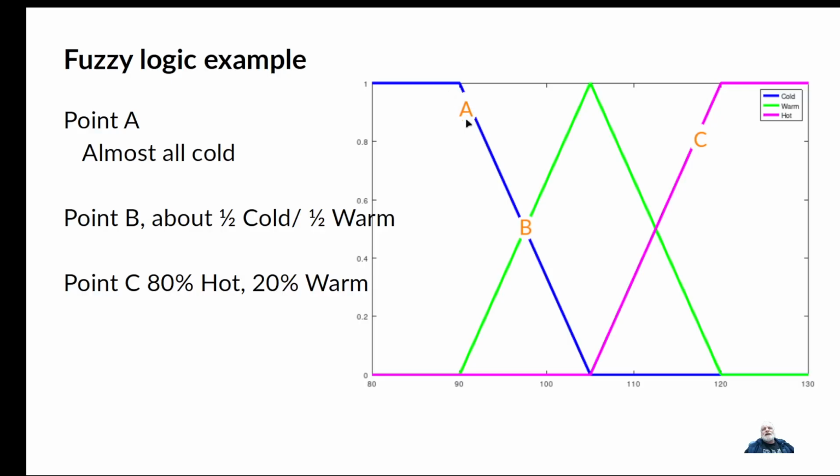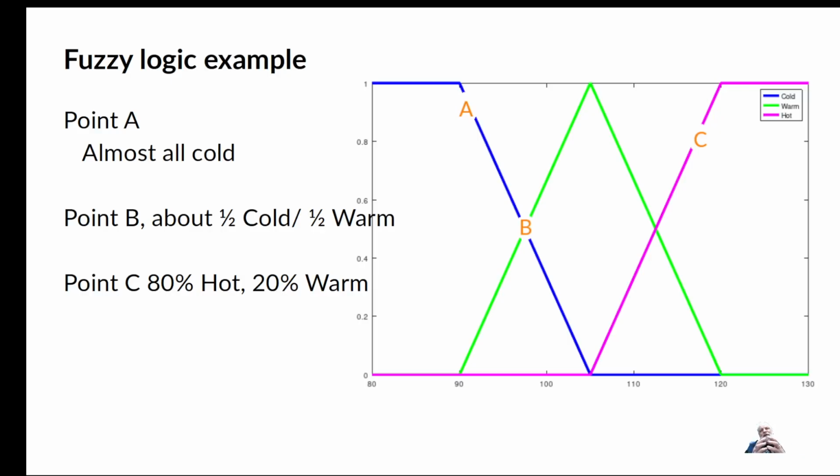So let's take a look here. I have 3 points marked on here. So point A up here is about 90-95% cold. And so if you look at this, you're going to say, well, what are you going to do when it's cold? Well, you're going to turn the heater on full blast so that you warm it up very, very quickly. Alright, so remember, again, we're using this heat box.